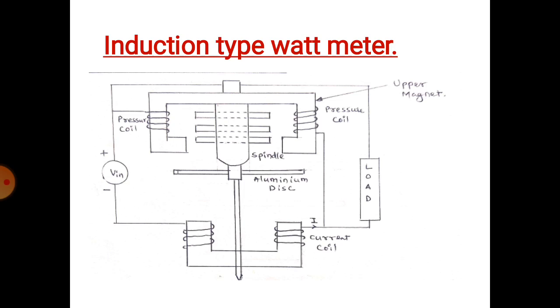This acts as pressure coil. The two coils of the lower magnet are also in series and their flux are in same direction. The induction type wattmeter can handle current up to 100 amperes. The resultant torque to rotate the aluminum disc is proportional to power.